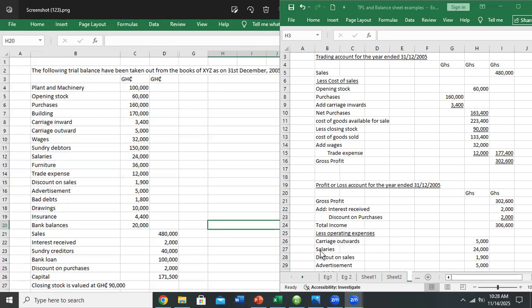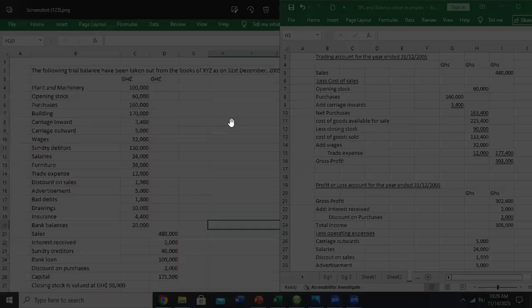So those expenses that are not by force or are seen to be general, we don't put them in the trading account. We put them in the profit and loss account. So that is the simple explanation I can give. I hope you are okay, Prof. Josephine.